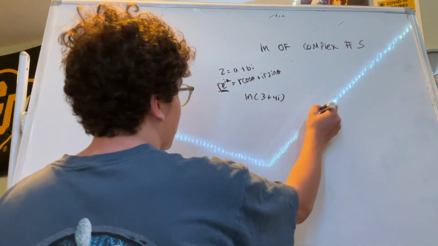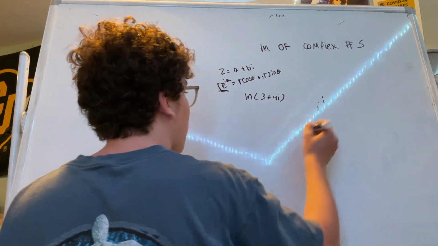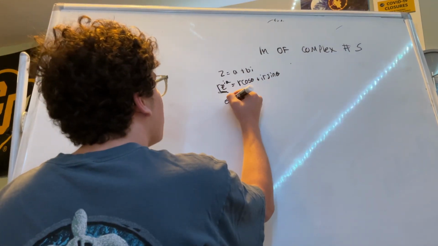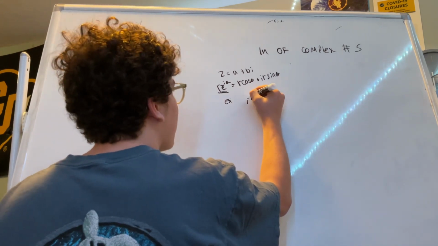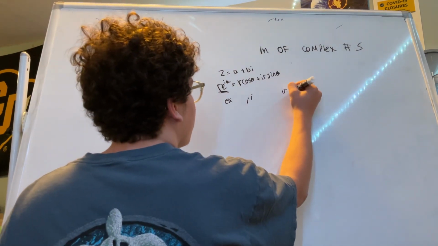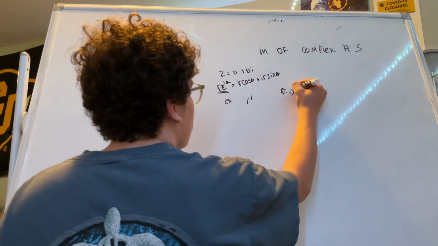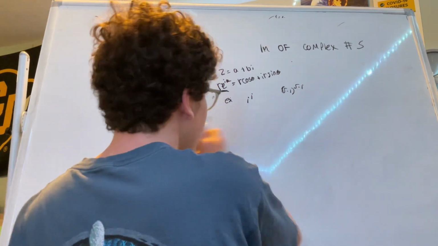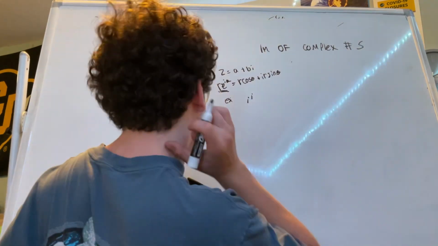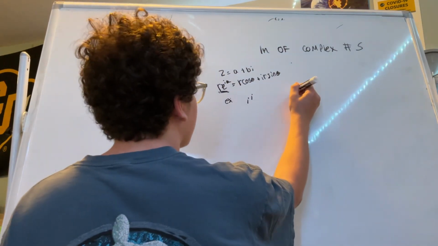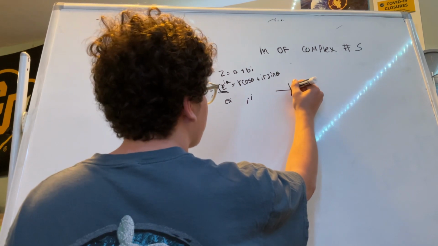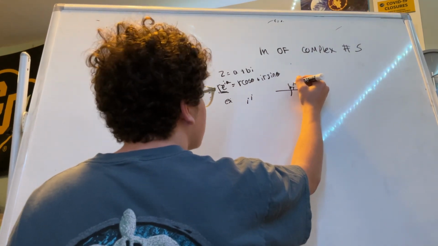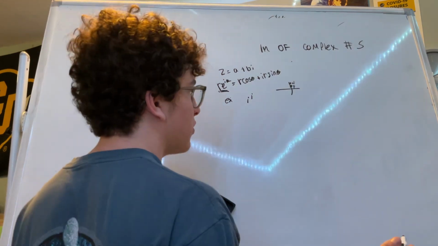We'll also do i to the i today. Actually, we'll do that instead. So, an example, and this is kind of expanded on this, of i to the i power. What is the square root of negative 1 to the square root of negative 1 power? Interesting, right? So, first we need to define i as a complex number. i on the complex plane sits right here, up just 0 plus i, right?